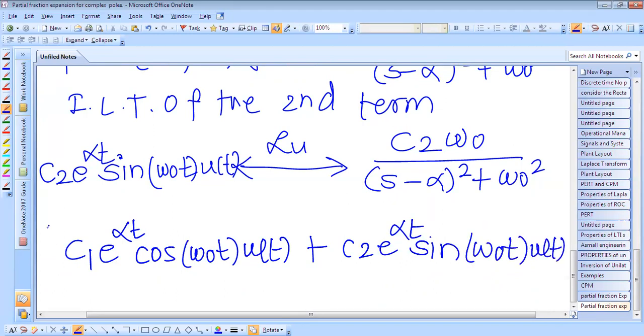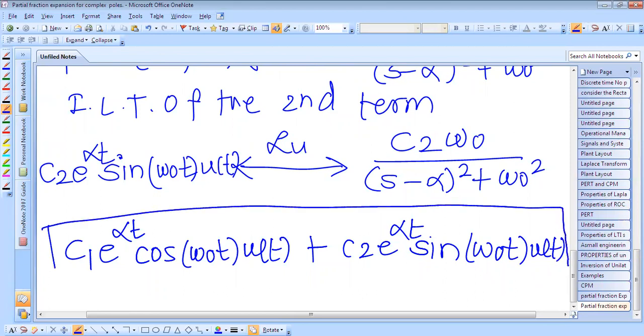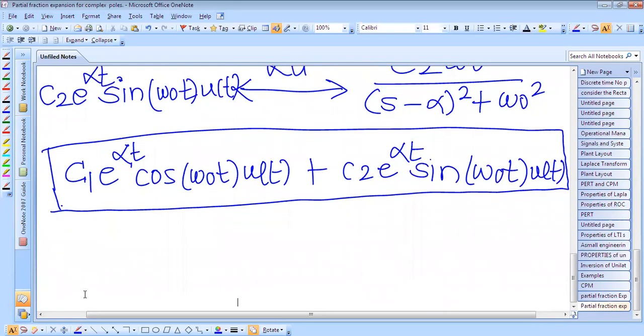So this is the inverse Laplace transform of the given quadratic, sorry, complex poles. If the function has real poles, we expand it as before, but if the function has quadratic poles, we can expand the function like this. And these things will be clearer when you consider one example.